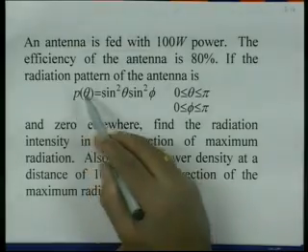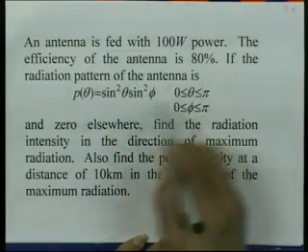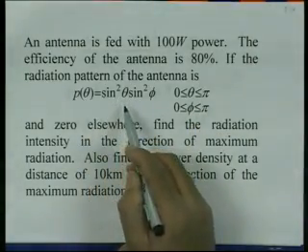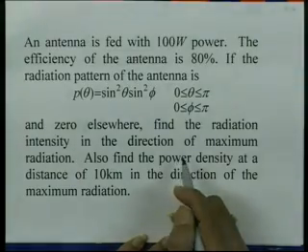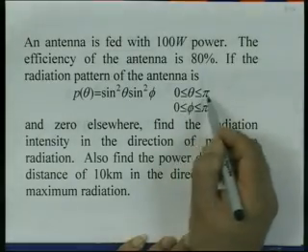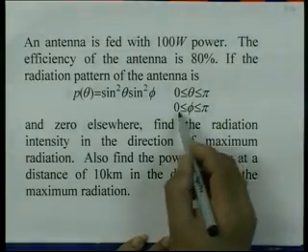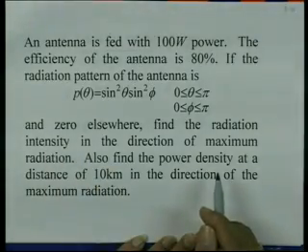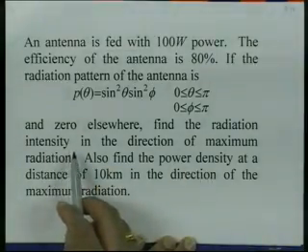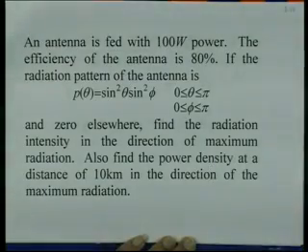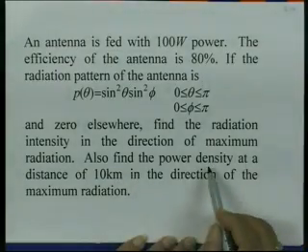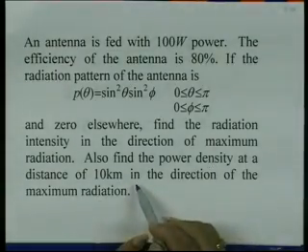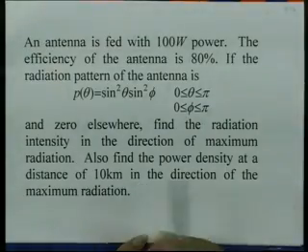If the radiation pattern of the antenna is given as p theta equal to sine square theta sine square phi, where theta varies from 0 to pi and phi varies from 0 to pi and 0 elsewhere. Find the radiation intensity in the direction of maximum radiation. Also find the power density at a distance of 10 km in the direction of the maximum radiation.